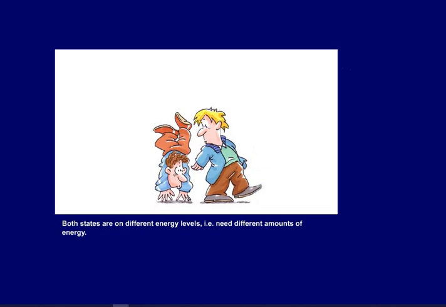Both states are on different energy levels, in other words, need different amounts of energy. Walking on one's feet is undoubtedly less exhausting, takes less energy, than walking on one's hands. Naturally, the preferred state of alignment is the one that needs less energy.